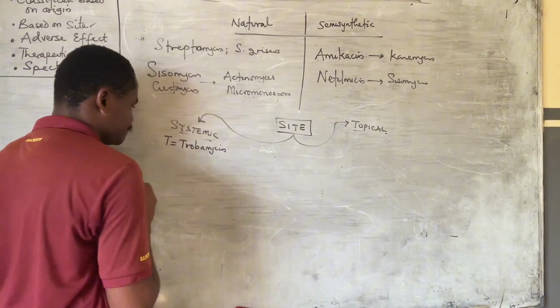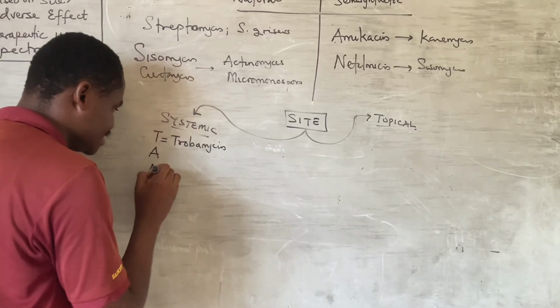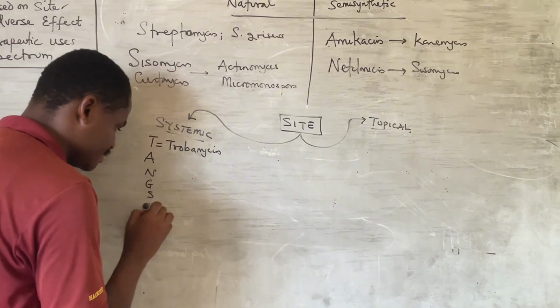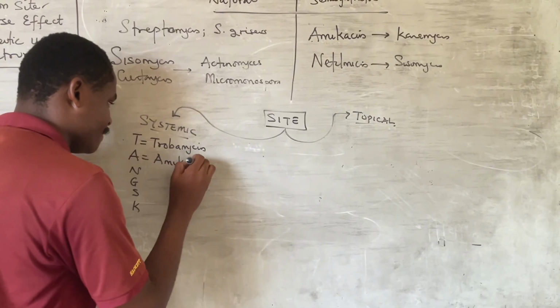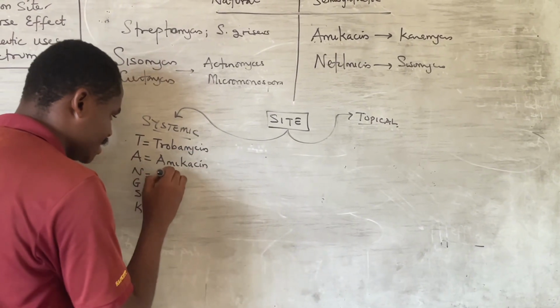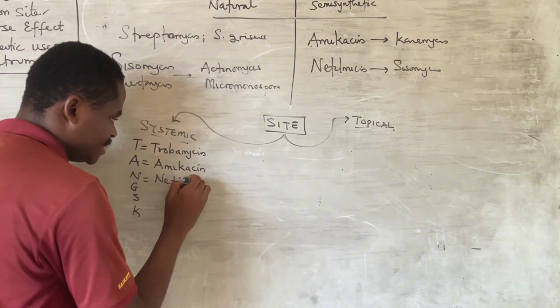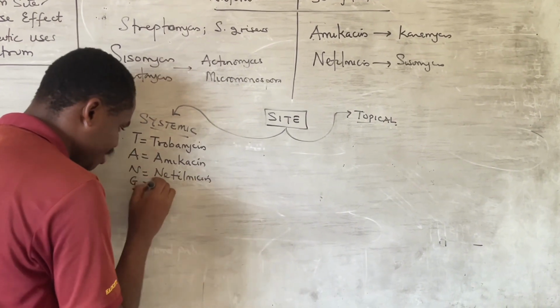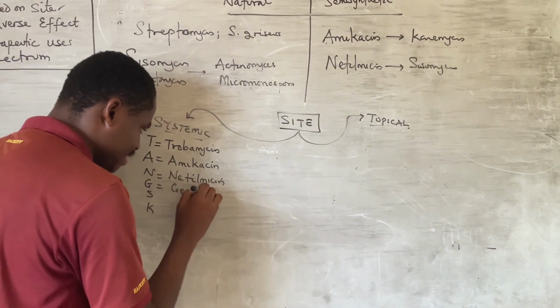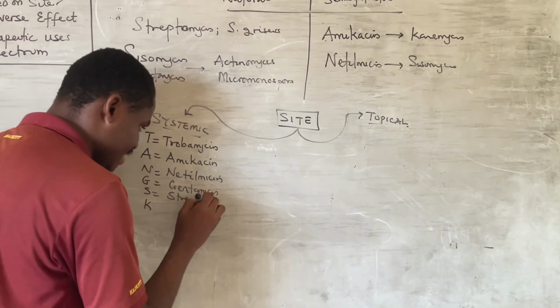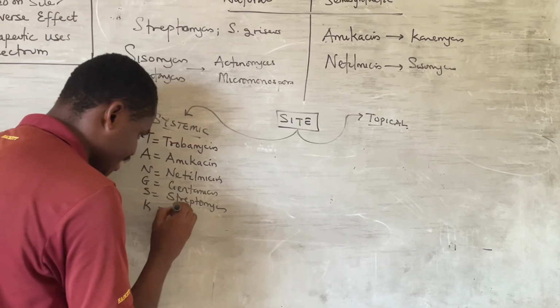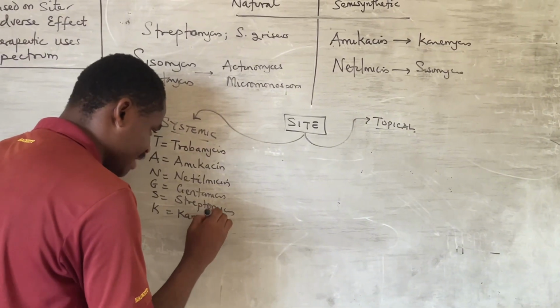tobramycin. I think you remember it with TANGSK. So A here, amikacin, and here, netilmycin. G here, gentamicin, S here, streptomycin, K here, kanamycin.